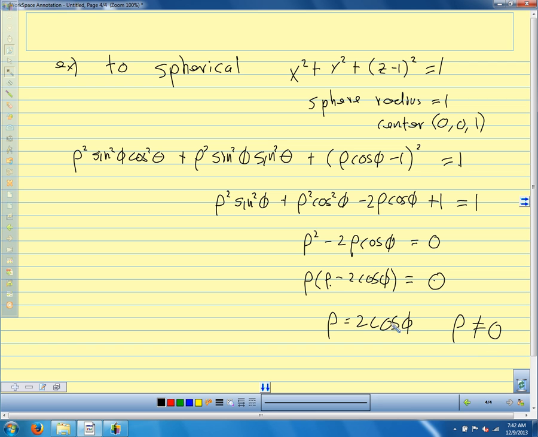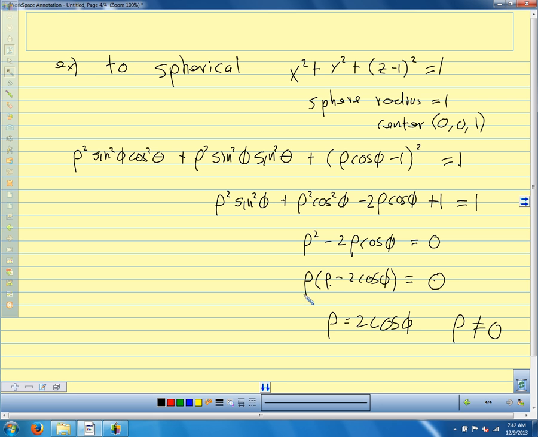So again, this is easier to work with than this. Would there be a point on that sphere where rho equals 0? There would be a point. Would that solution come out of here? Yeah. So we're not losing a solution by saying rho is not equal to 0.